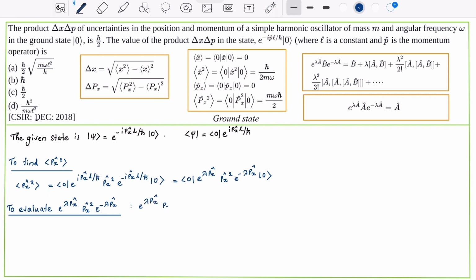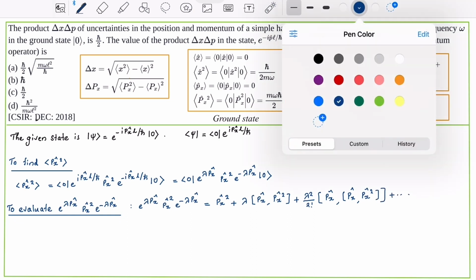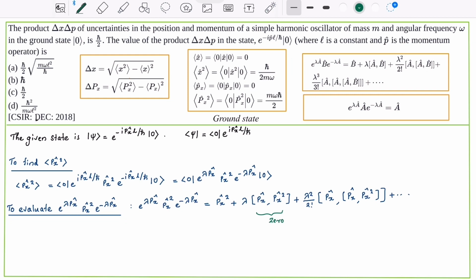e raised to lambda px, px square e raised to minus lambda px, that is equal to px square plus lambda, the commutator of px and px square, plus lambda square by 2 factorial, the commutator of px and px square, plus etc. And we can see that the second term and third term and higher terms will go to 0.